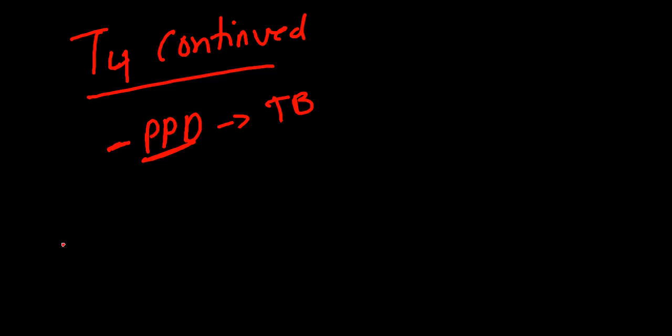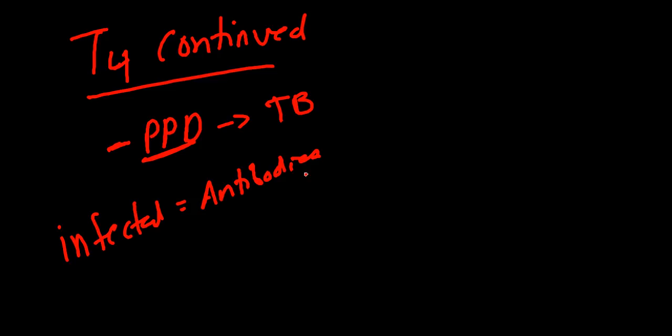So if you're infected, you're going to have antibodies against TB. Alright, if you have antibodies against TB, you're going to introduce some TB antigen. So that's what the PPD test actually does, is it's injecting a small minute amount of TB antigen into your skin subcutaneously.